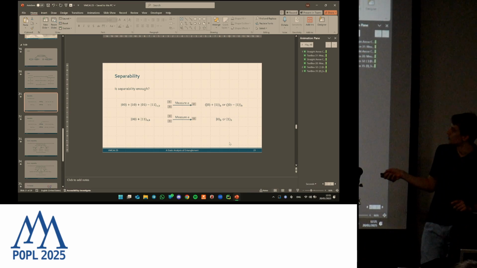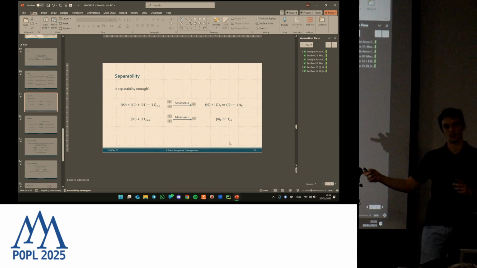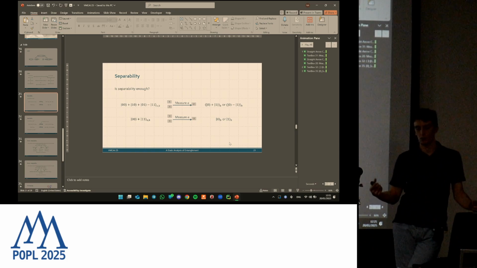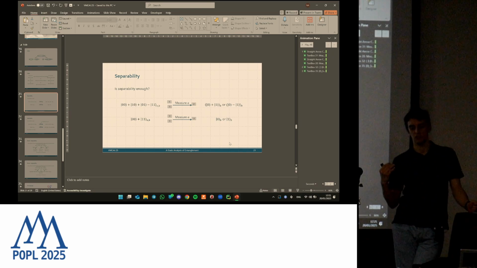If you measure one qubit, the others that are C not separable with it collapse directly to a classical state. That doesn't happen in a general entangled quantum state. So this was the property that we managed to define in a sound way.